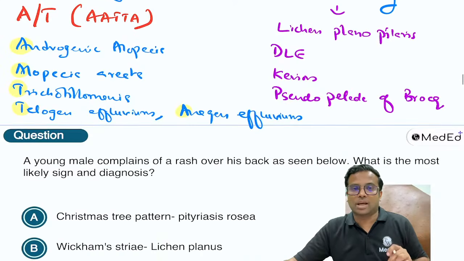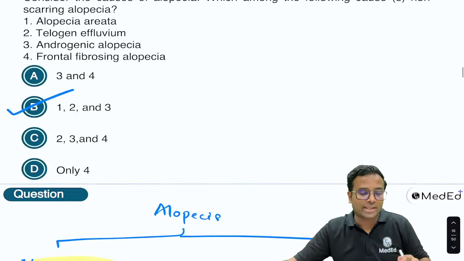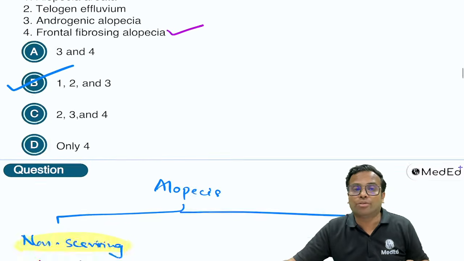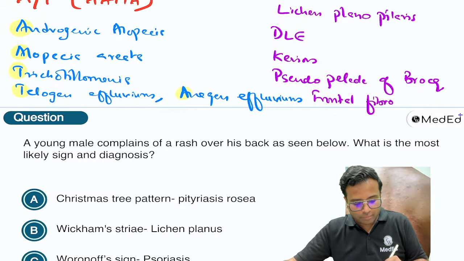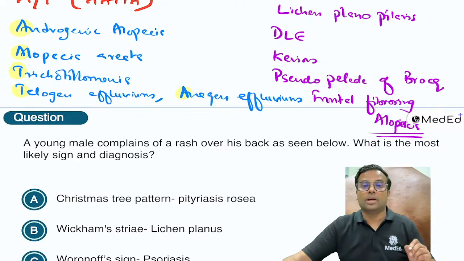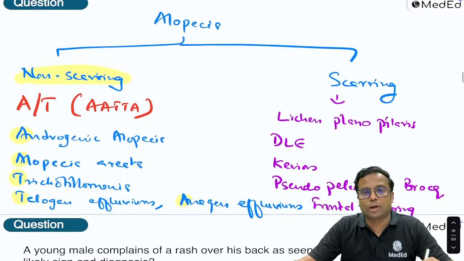All these are examples. Along with that, we have one more example, frontal fibrosing alopecia. All these are going to be examples of scarring alopecia.